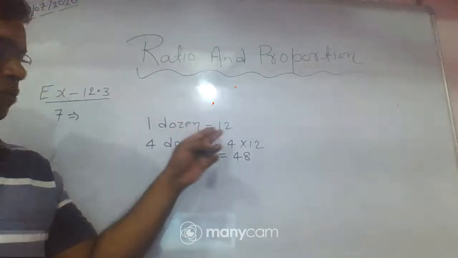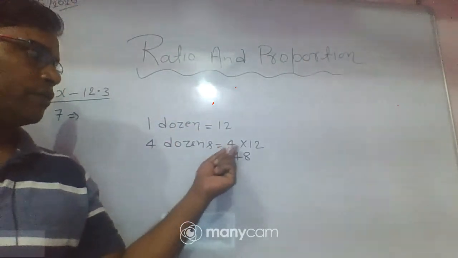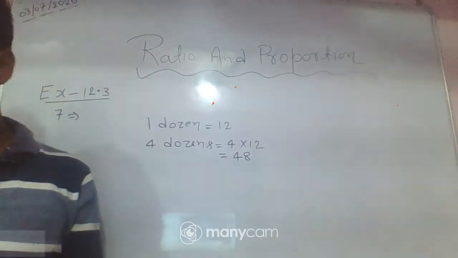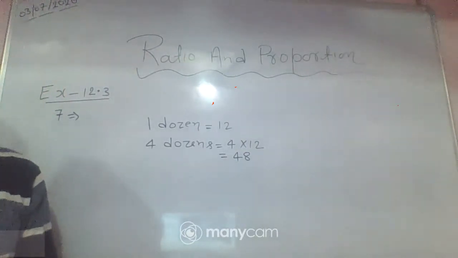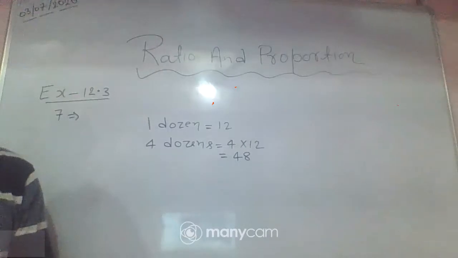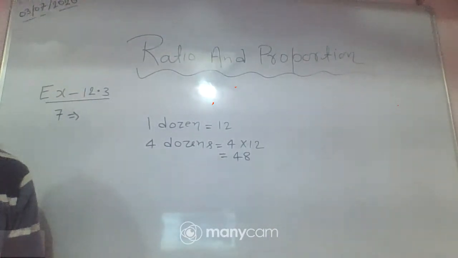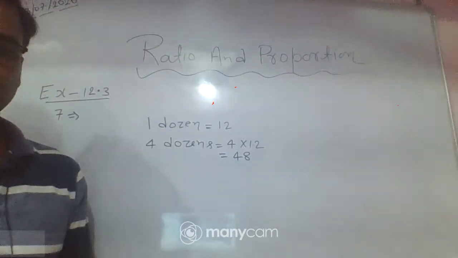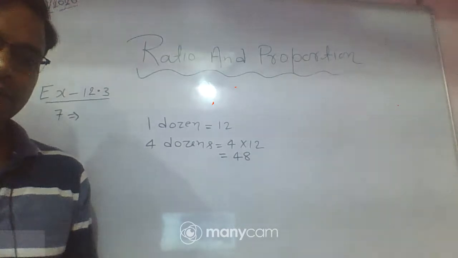Clear? Okay, so 1 dozen is equal to 12, so 4 dozen is equal to 4 into 12, it becomes 48.